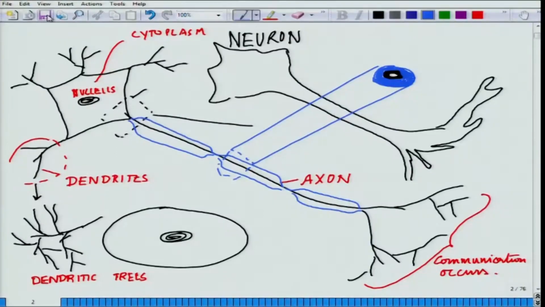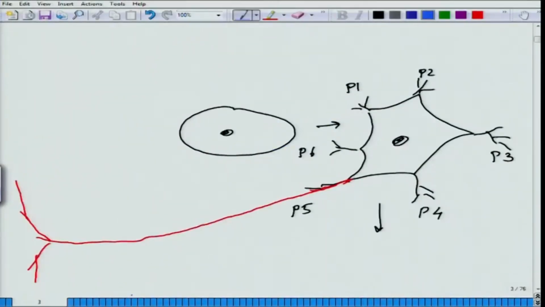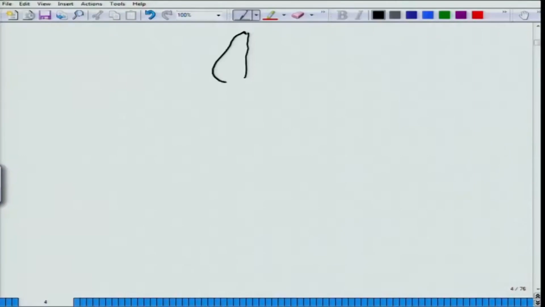Well, since I am repeatedly using this word nervous system, I will just take a slight one step backward, I think I made a small error here to introduce you in the first place. If I had to draw the nervous system, it will look like this, and we will come back. It's just I am taking a slight one step backward. So, from the top it looks like this. Okay.